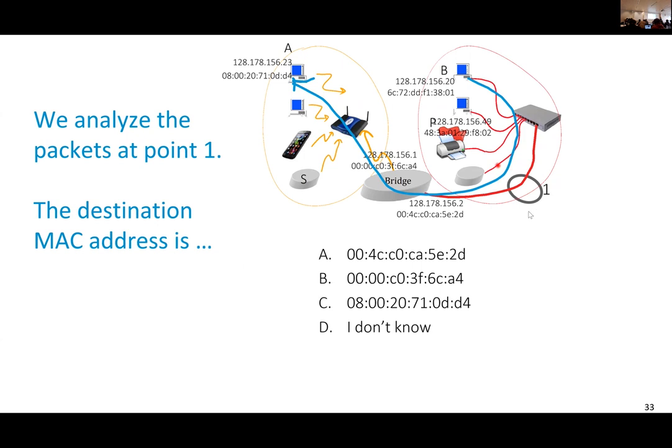B sends to A. We observe the packet at point 1. What's the MAC destination address?